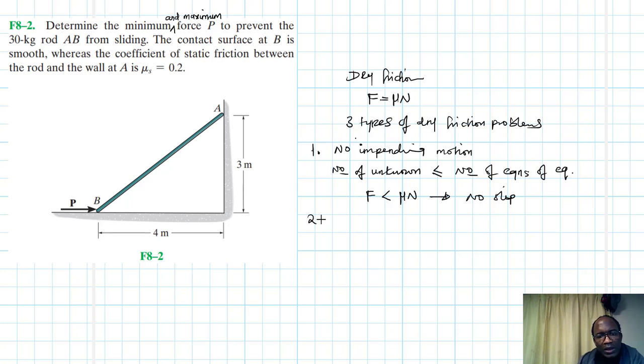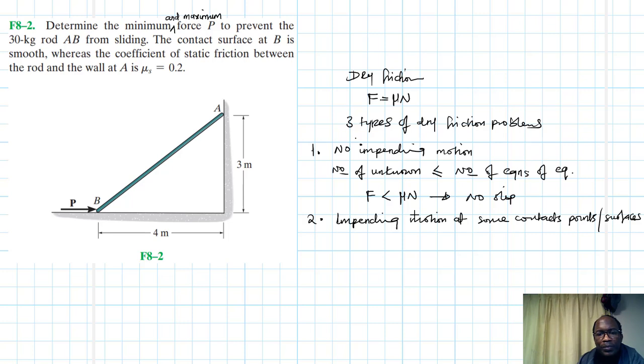The second one is where there is impending motion at some contact points or surfaces.